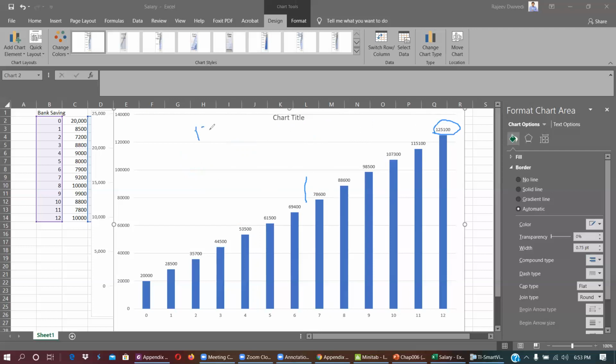So 125 is this, minus, suppose whatever number you need, then you subtract 69,400. But if you are looking for any value below this, you are exactly getting the right number here. You are not subtracting because the previous values are already included. So if this is clear to all of you, I can go back on.